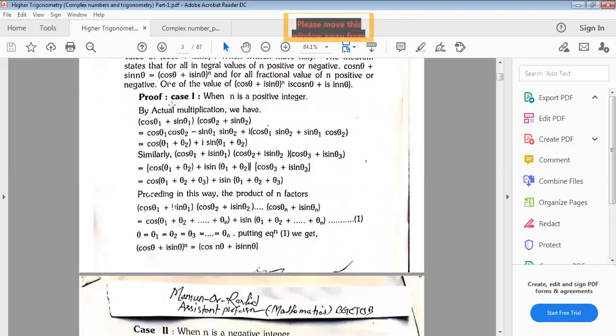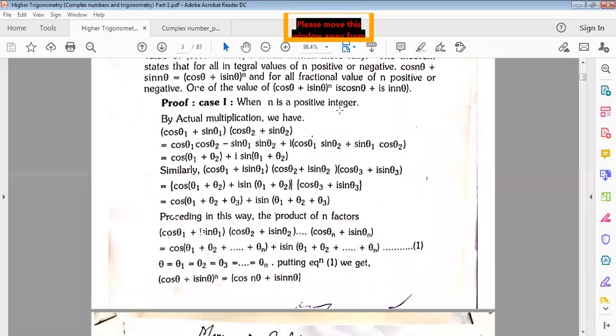Okay, now for the first case, we consider n as a positive integer, just taking n as a positive integer. By actual multiplication, let us consider two complex numbers only: cos theta 1 plus i sin theta 1 and cos theta 2 plus i sin theta 2.